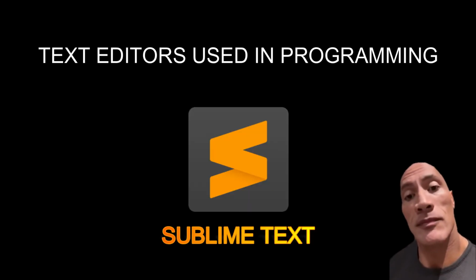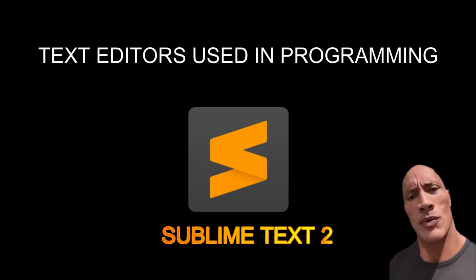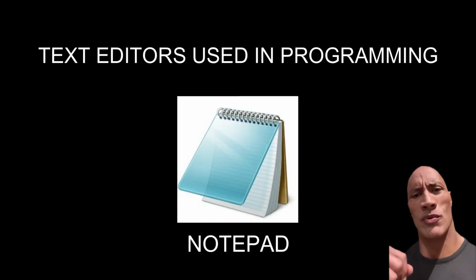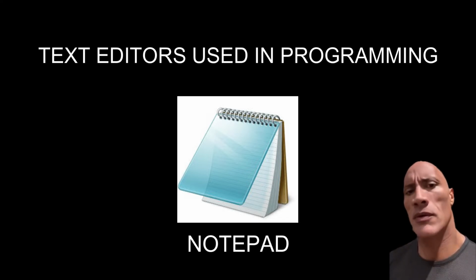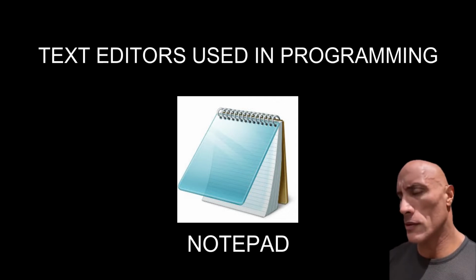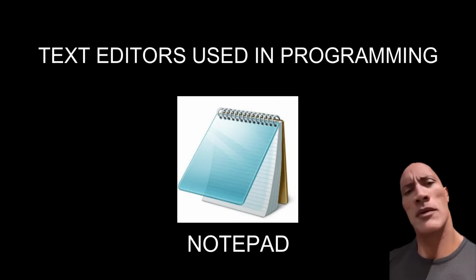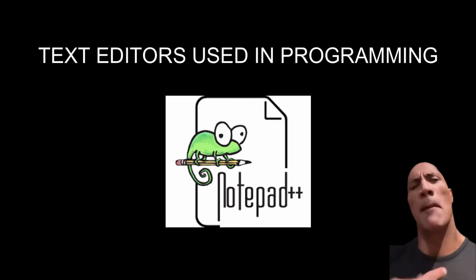We also have Sublime Text, which has different versions: the first one, Sublime Text 2, and 3. Then we also have Notepad, which looks like this. Notepad is also one of the tools used in programming, though it is rarely used these days. Then we also have its cousin, Notepad++.